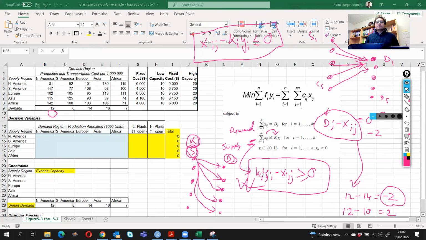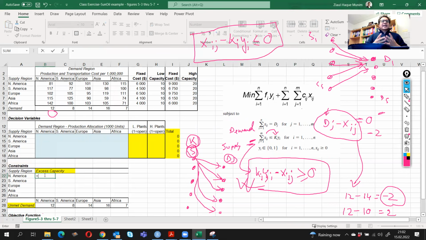So here we first have to define the capacity minus all that is supplied from that capacity location. So let's come here. Let's start with North America. So here we start with the function. What is the capacity that we have in North America?